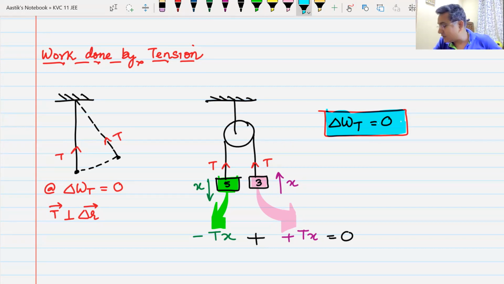Work done by tension is always going to be zero, and that is what we use in constraint relation to find out the relation between this and this and this. That is how we found out. So work done by tension is always going to be zero, whether it is applied on one body, as in example number one, or on two bodies, as in example number two.